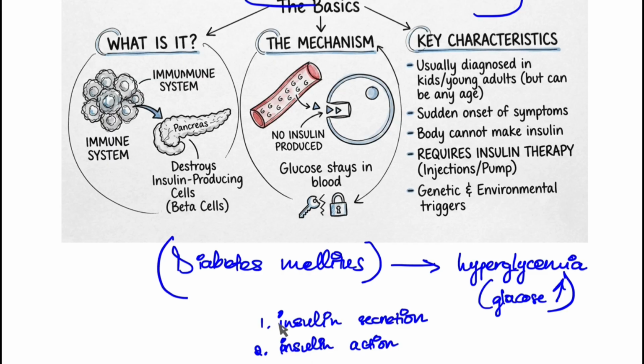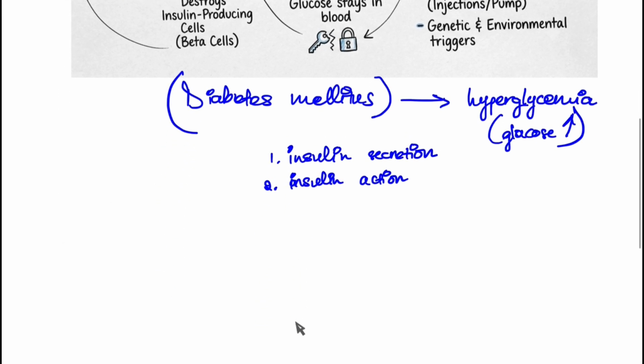So to understand diabetes, we first need to understand the normal role and function of insulin. Let's go through it quickly. Whenever we eat carbohydrates, they are broken down into glucose by the digestive tract.